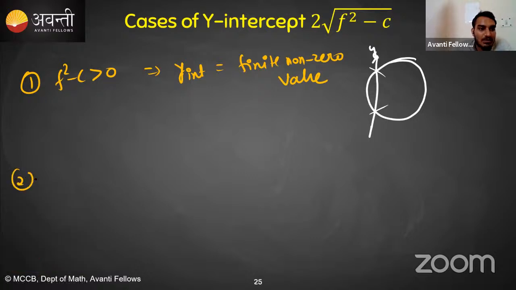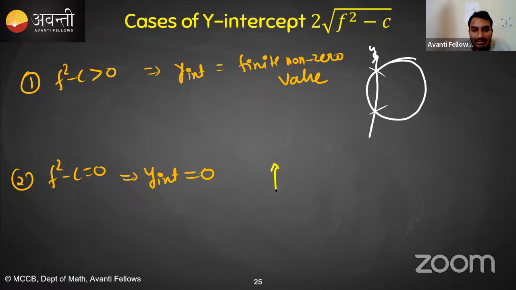Similarly, second case would be if f square minus c is equal to 0, it implies y-intercept is 0. So in that case, similarly, our circle is not just touching the y-axis, right? Let's say this is y-axis and this is the circle.